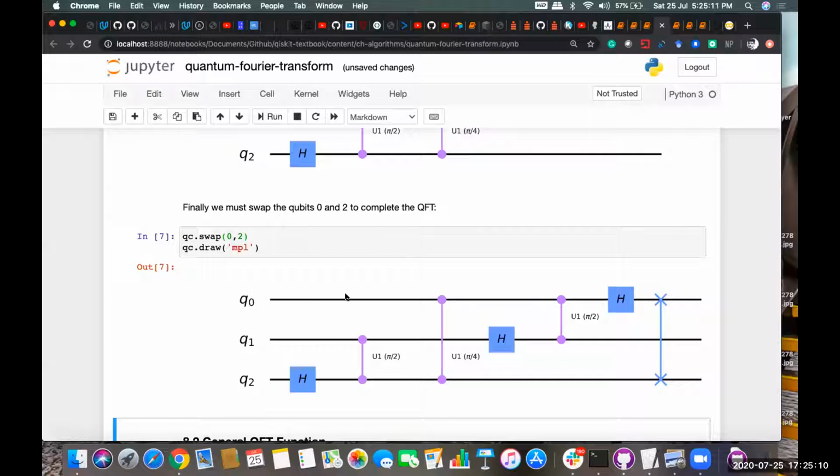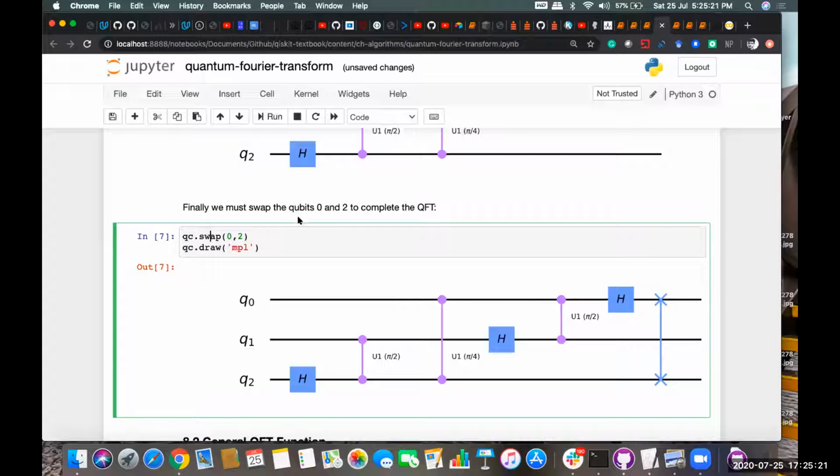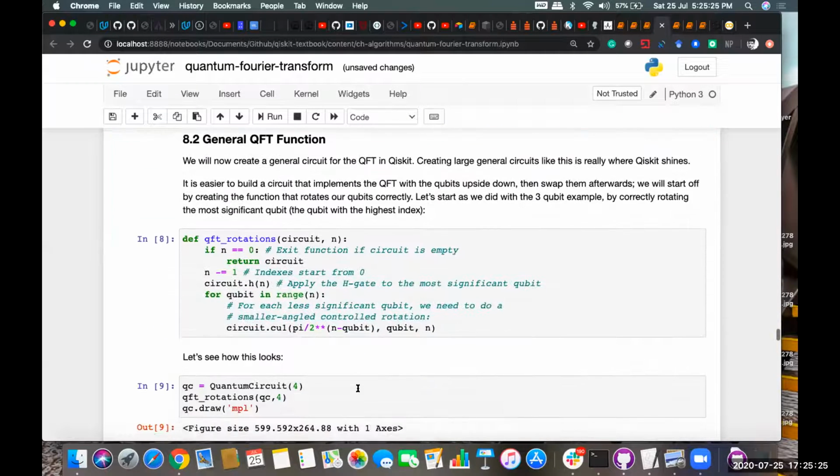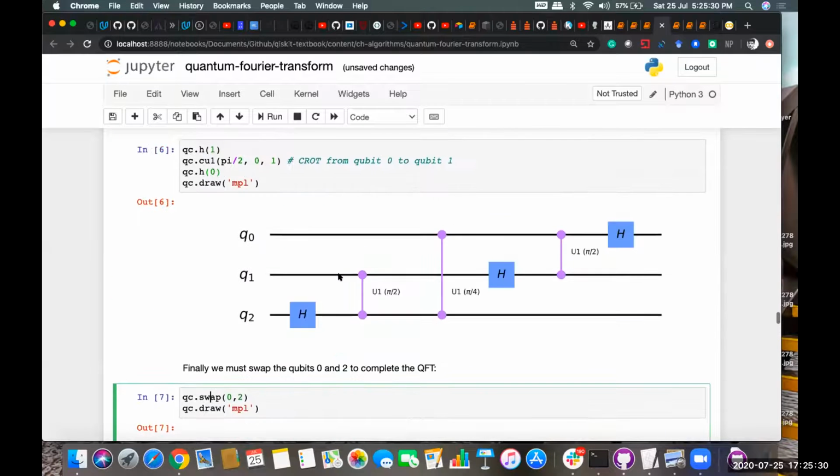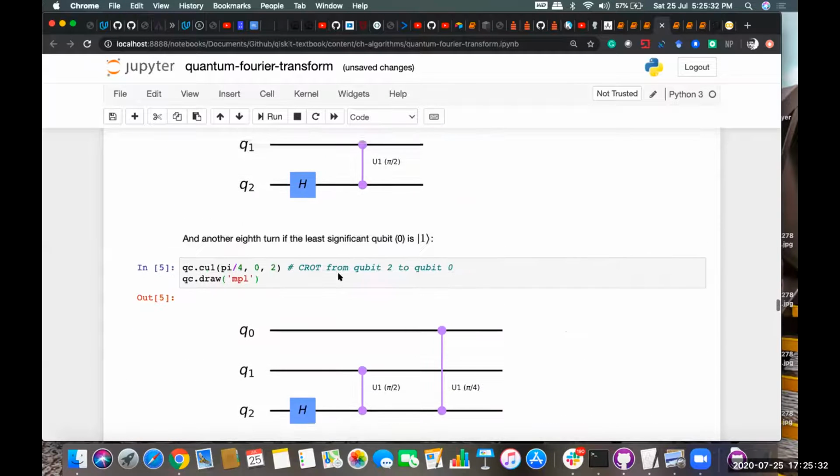And after doing all this, we are swapping the bits from Q0 to Q2. So we have a swap gate here, which swaps the qubits from one state to another. Okay. So this is what we have seen for 3 qubits.